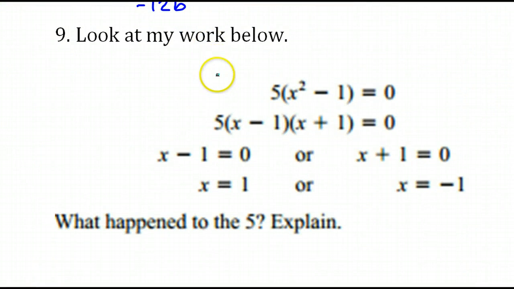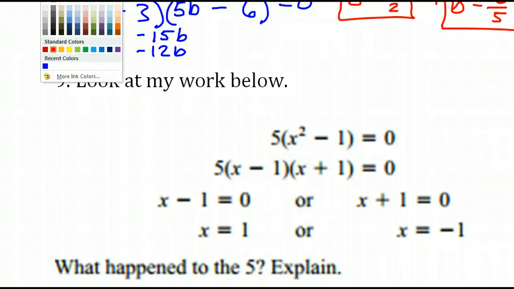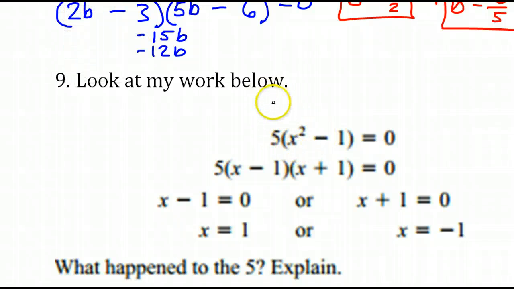Finally, number 9. Error analysis. Look at my work below. Look at it. What happened to the 5? Okay, so you see what they did there? And in fact, you can imagine what step came before this, right?